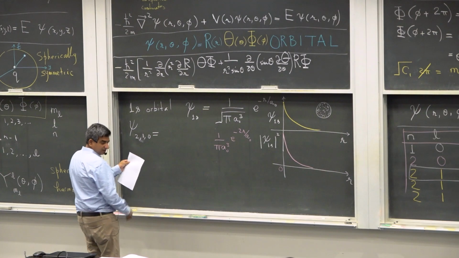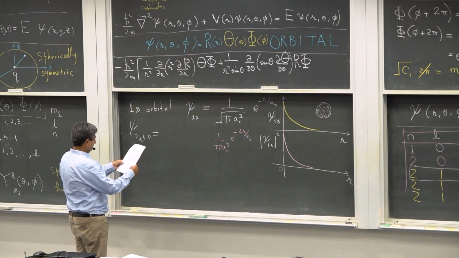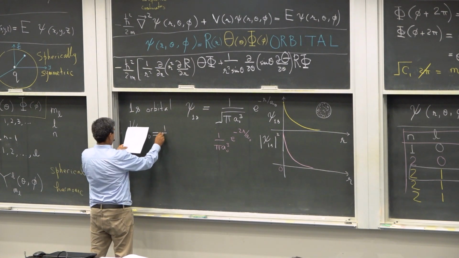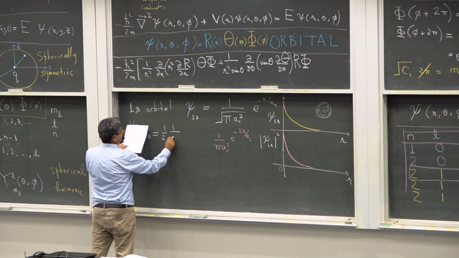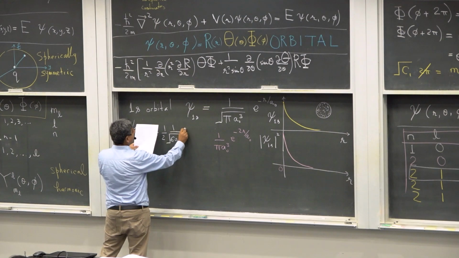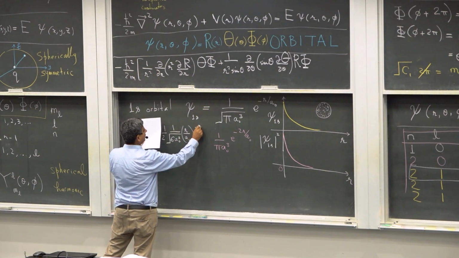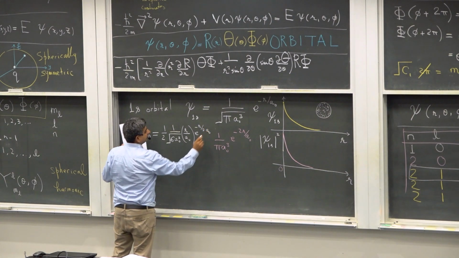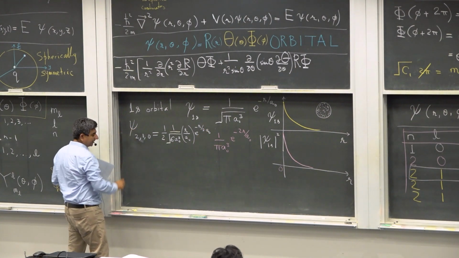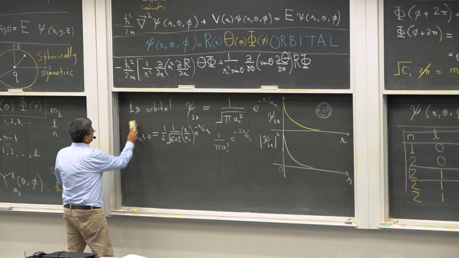R21 is 1/2 times 1 over root 6 a naught cubed, times r over a naught, times e to the minus r over 2 a naught. This is my r dependent part, so let's separate it out.